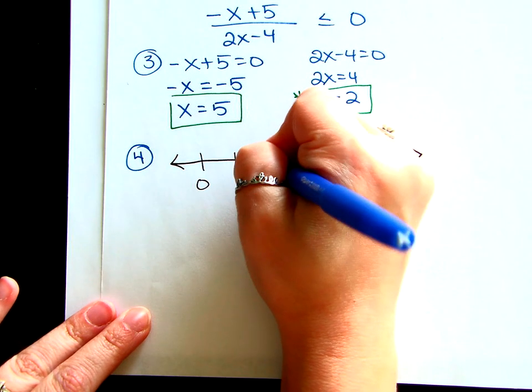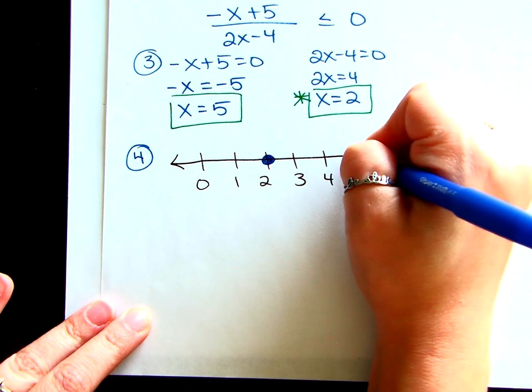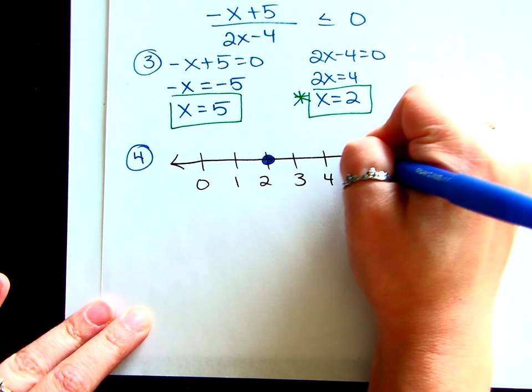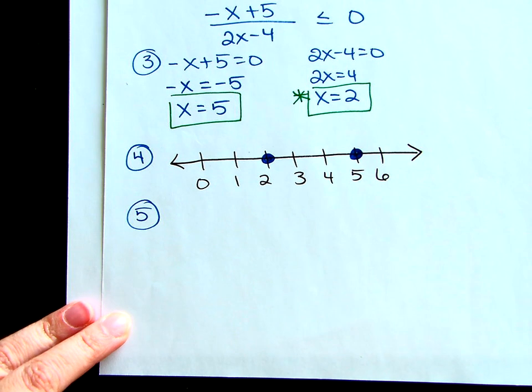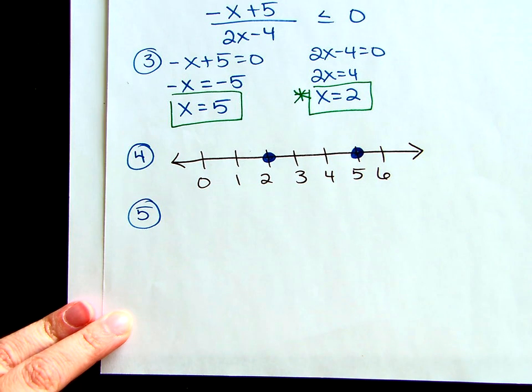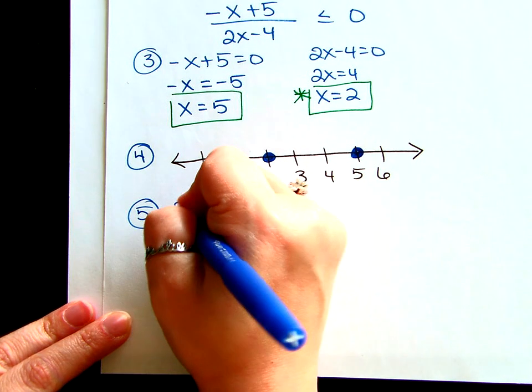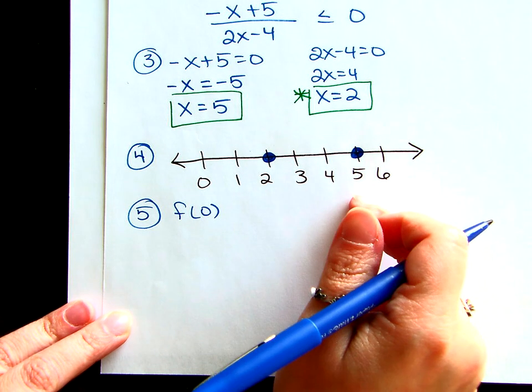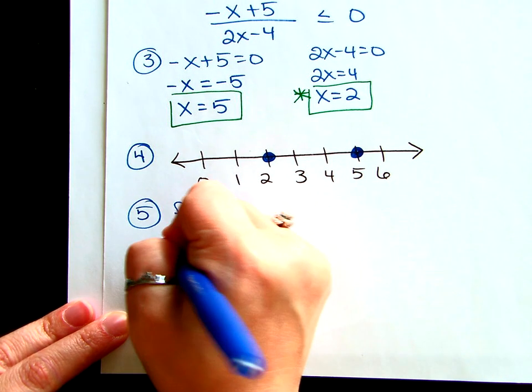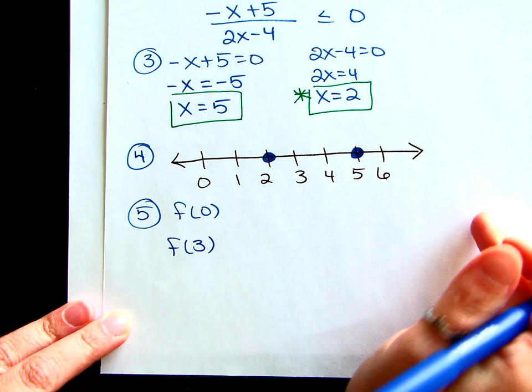So I'm going to have 3 test points. I need something to the left of 2, so I'm going to find f of 0. Something between 2 and 5, so I'm going to find f of 3, and something beyond 5, I'm going to find f of 6.